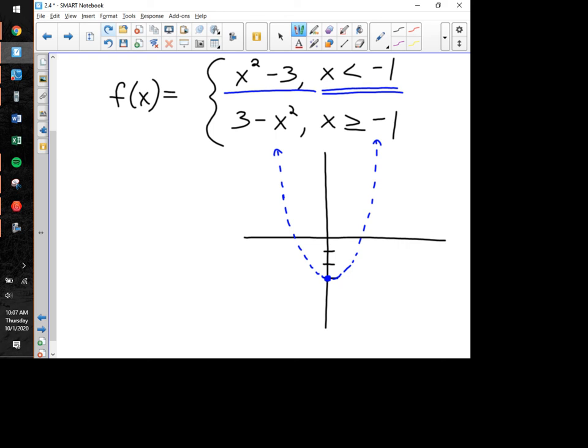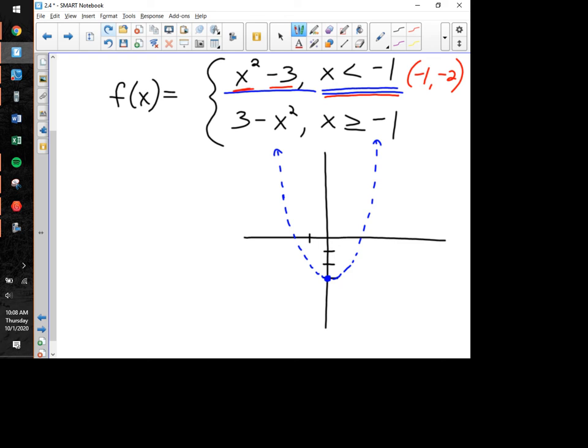All right, so let's think about that. If I plug negative 1 into this part of the function, negative 1 squared is 1, 1 minus 3 is negative 2. That's where this graph is actually going to begin, or end, depending on which way you want to look at it. And because this is x is less than negative 1, not less than or equal to, that's going to be an open dot at that ordered pair right there at negative 1, negative 2.